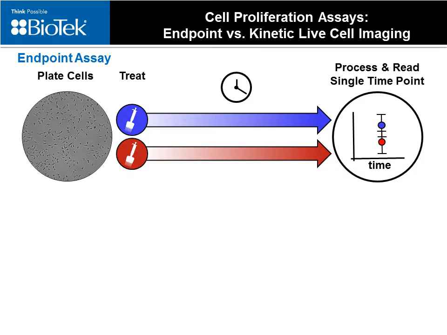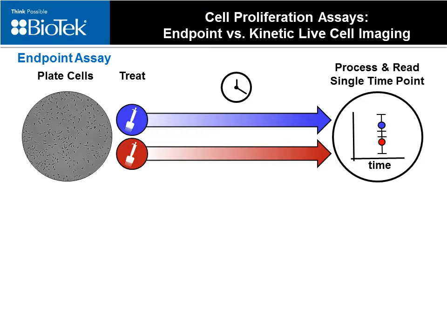So with an endpoint proliferation assay, typically cells are plated and treatments are administered. Cells are then cultured for some amount of time before stains or reagents are added to measure bulk fluorescence of the population, or the cells are trypsinized and collected from the plate so that they can be analyzed or lysed and analyzed.